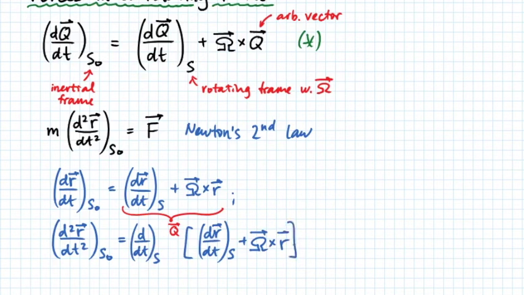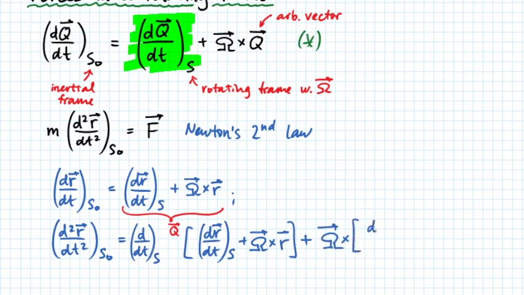That is the first term of the expression above, plus the second term, which is simply omega cross the entire expression dr dt relative to coordinate system S plus omega cross r.